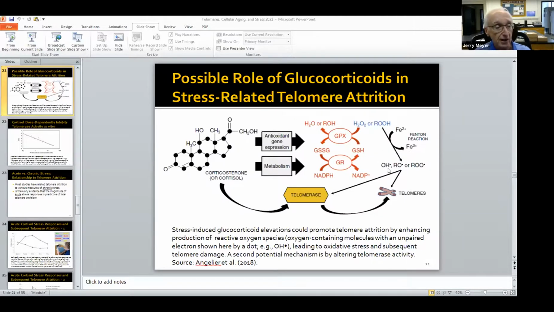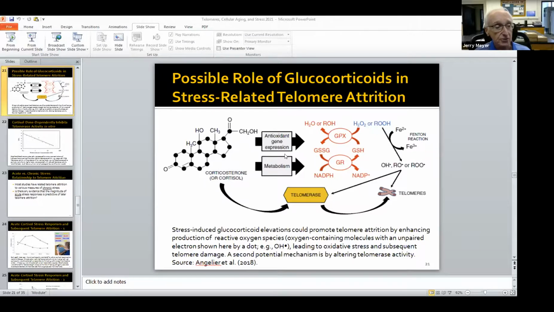So you have various mechanisms within cells, since these are being generated, to get rid of these, to inactivate these. But to the extent that they're produced, they can produce cellular damage, including, remember I mentioned nucleic acids, DNA. So these are thought to be able to cause telomere damage, including an increase in the rate of telomere attrition.